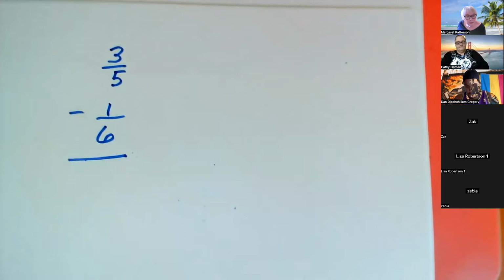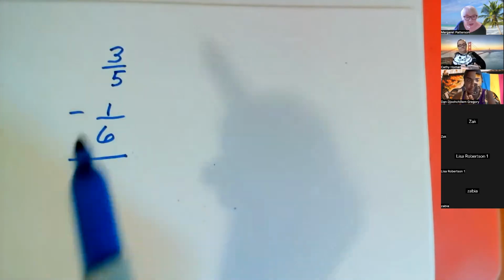Are they the same? No. If they were the same, we'd be done, just about, but they're not the same. And so what we need to do is get a common denominator. What do you think?